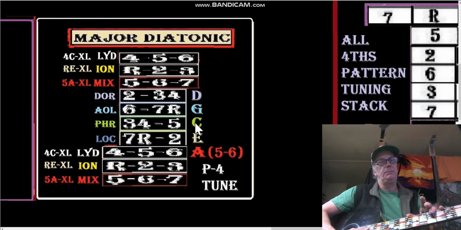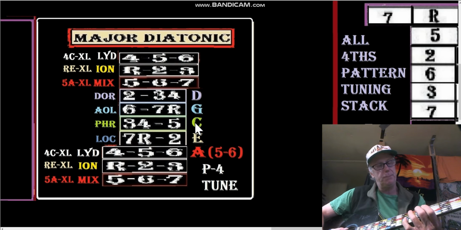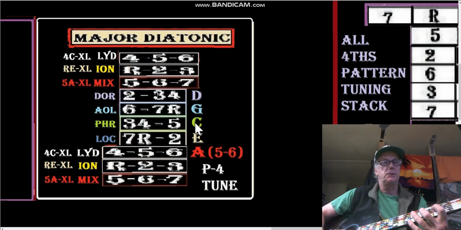But this is the tricky part. So to go to the 4th, let's look at the C string shape. Its 5th is G. But guess what happens when you go up one cage on that G string? In the word cage, you go up one letter, or one string shape in the cage system.